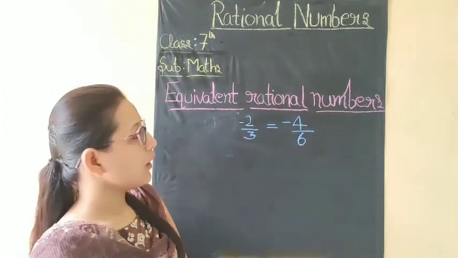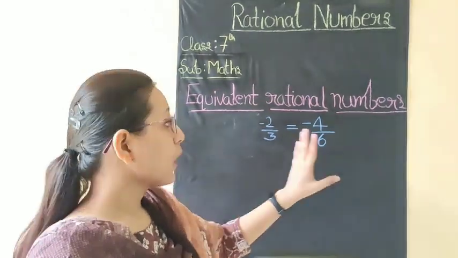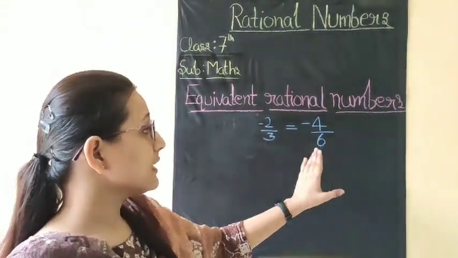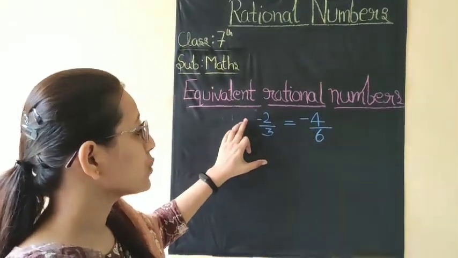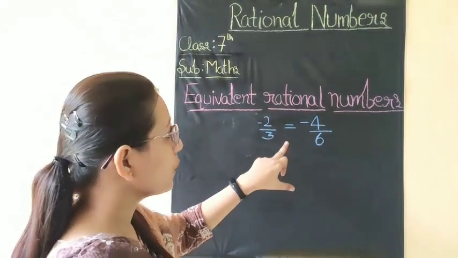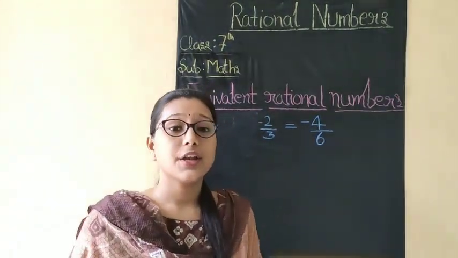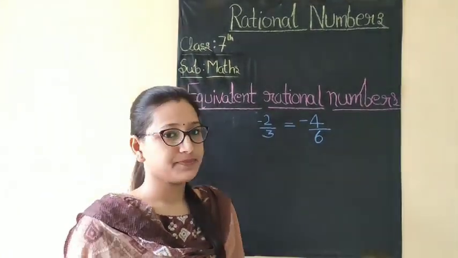Now let's talk about equivalent rational numbers. Look, both of these rational numbers are equivalent to each other. Minus 2/3 is equivalent to minus 4/6. Now you all are thinking how both of these rational numbers are equivalent to each other.